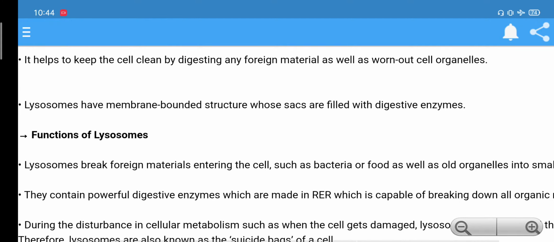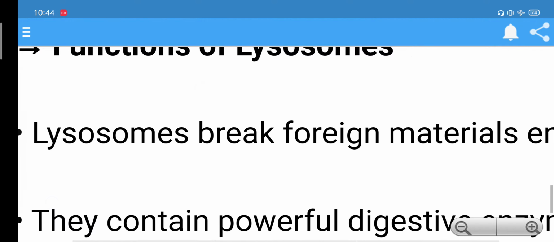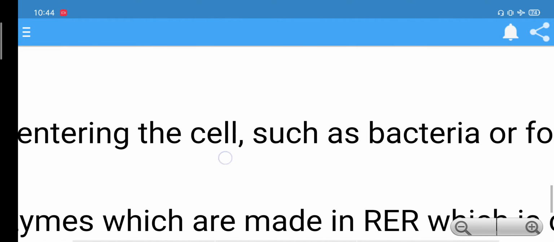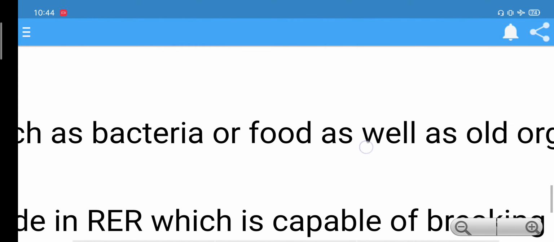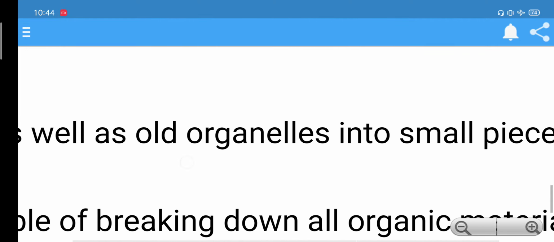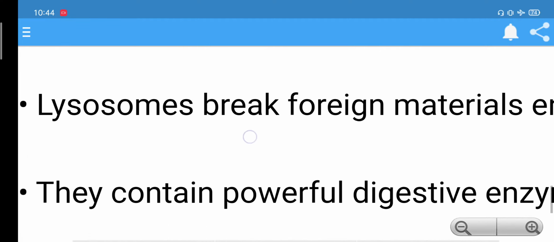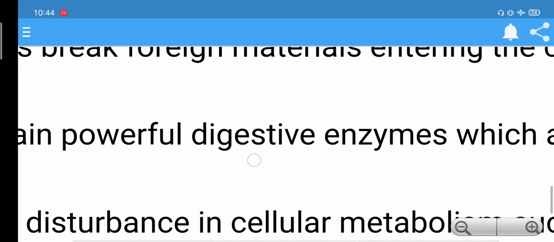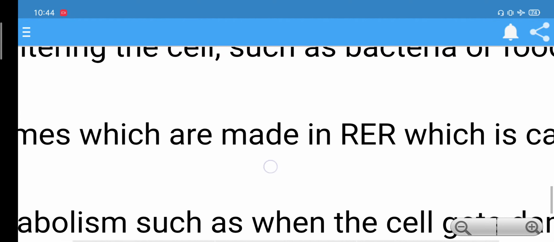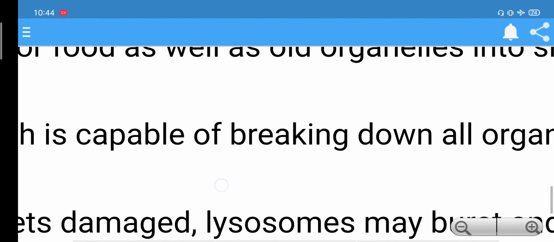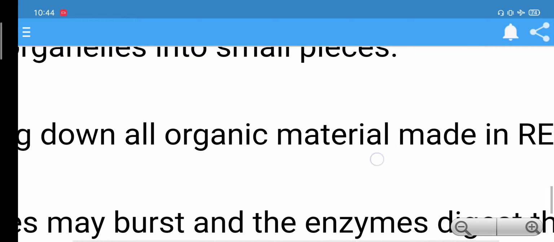Here are the functions. Lysosomes break down foreign material entering the cell, such as bacteria or food, as well as old organelles, into small pieces. They contain powerful digestive enzymes, made in the rough endoplasmic reticulum, which are capable of breaking down all organic matter.